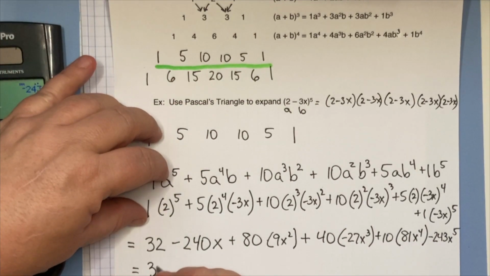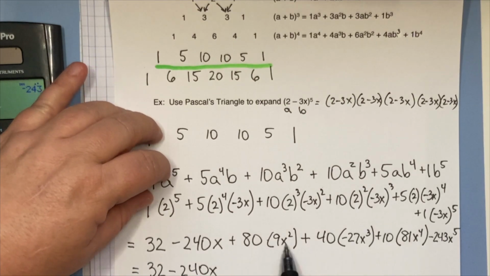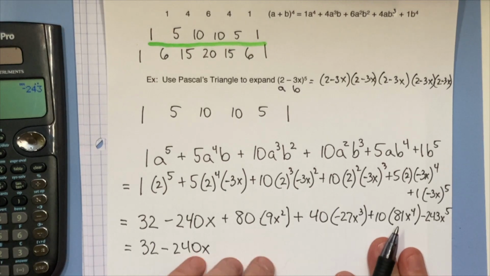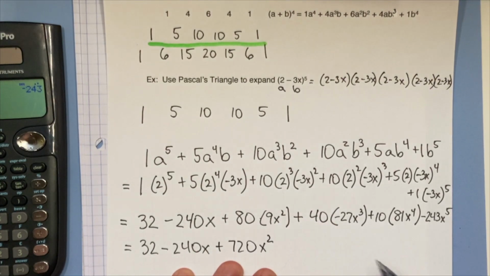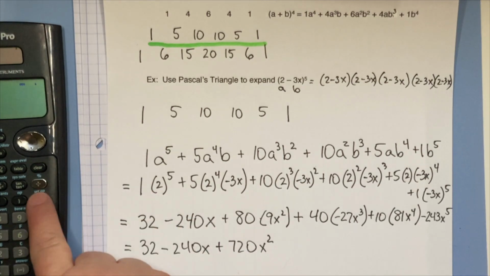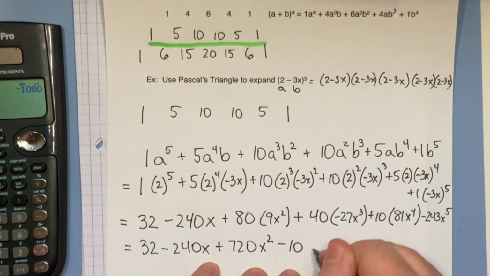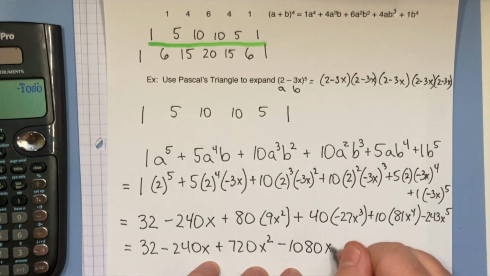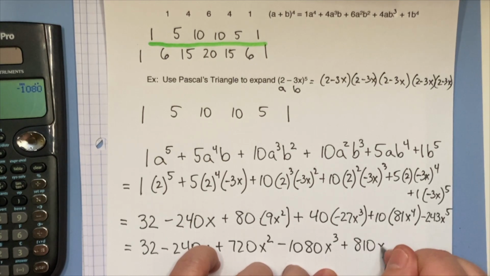Okay, so 32 minus 240x, 80 times 9 is going to be 720x squared, 40 times negative 27 is going to be negative 1080x cubed, plus 810x to the fourth, minus 243x to the fifth.